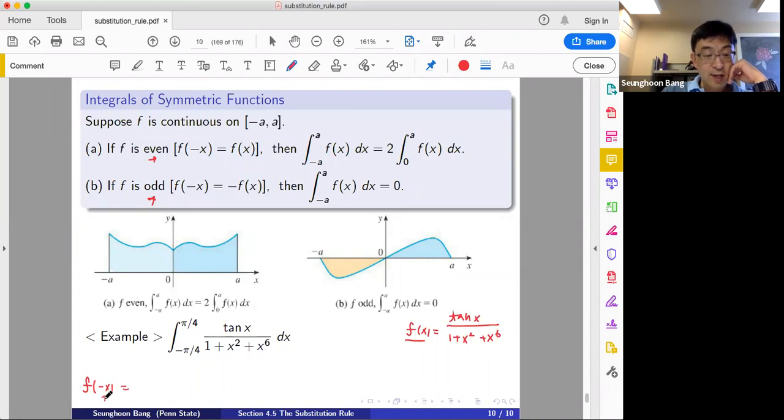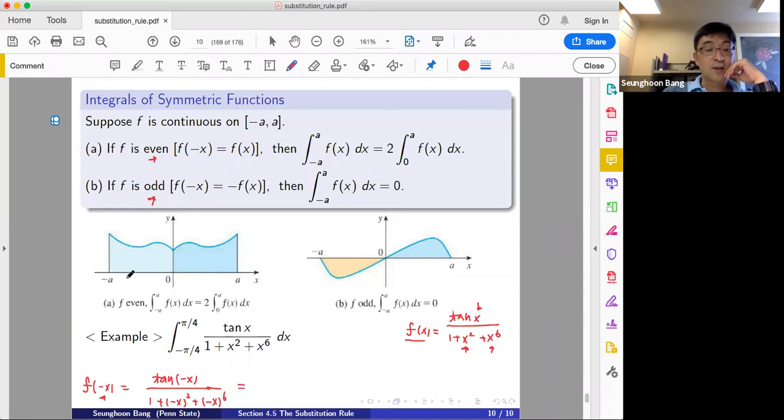You plug minus x into the x here: the tangent of minus x over 1 plus minus x squared plus minus x to the power 6, and calculate.